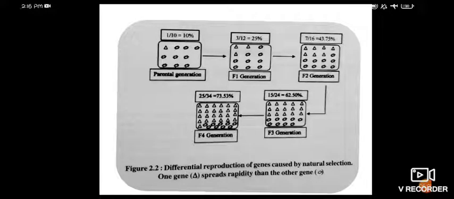As the F1, F2, F3 and F4 generations continue, the gene or individual having the triangle character gets spread from generation to generation, which is caused by natural selection. And this kind of differential selection carried out by nature is called differential reproduction.